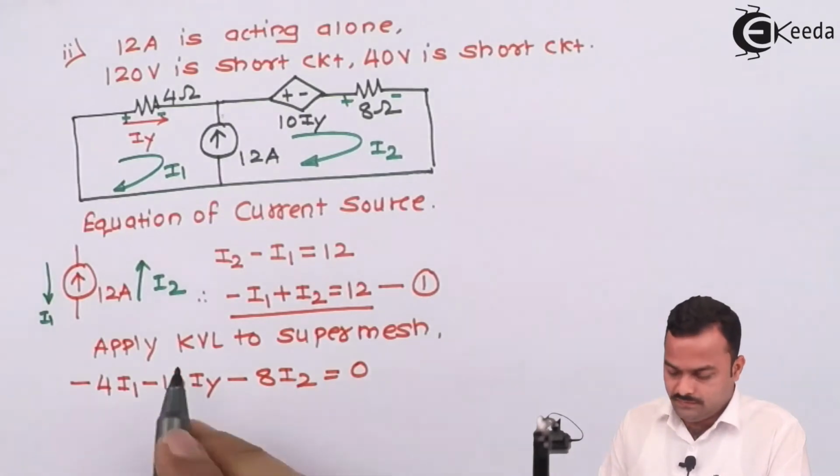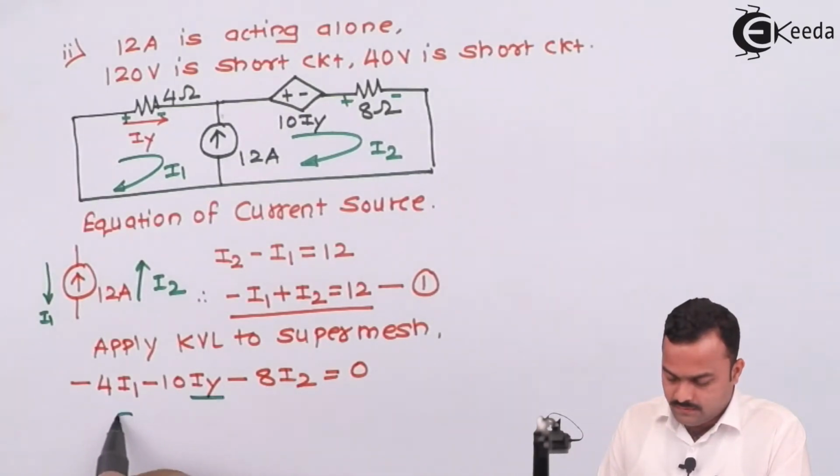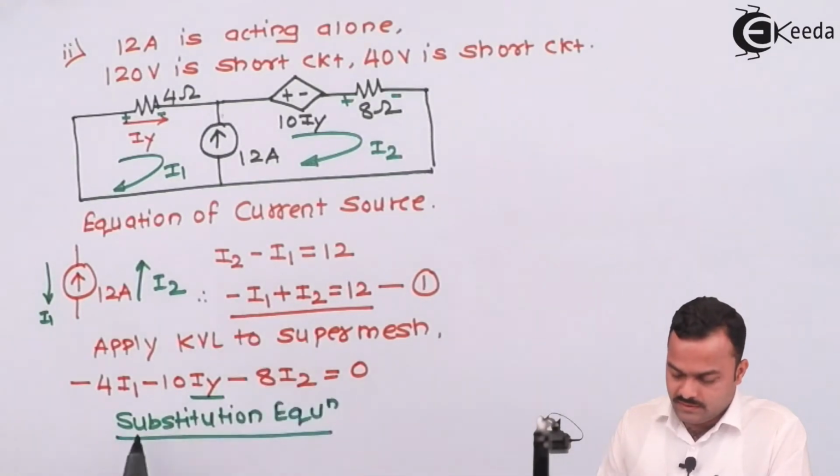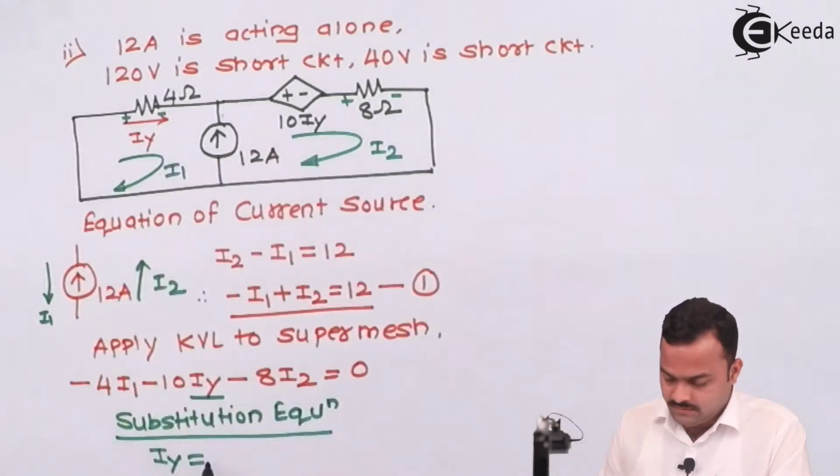We need a substitution for IY, which is quite simple. The substitution equation for IY is nothing but IY is the same as I1. So wherever there is an IY, I will put I1.